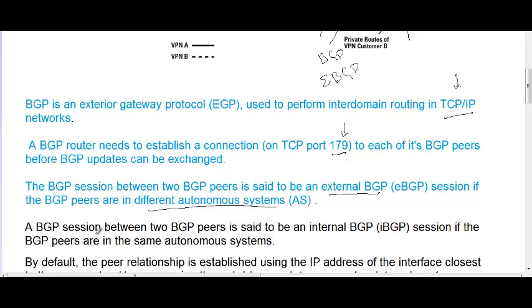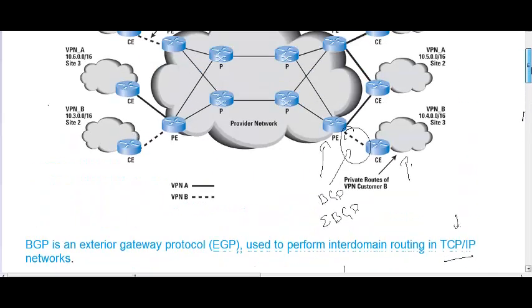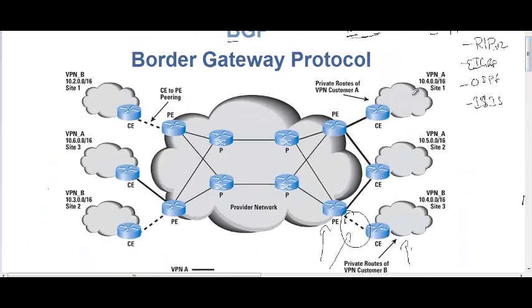If a session between BGP peers is in the same autonomous system, then we call it iBGP, internal Border Gateway Protocol. Meaning, if I have two routers inside this autonomous system forming a neighbor with BGP, then it is iBGP.